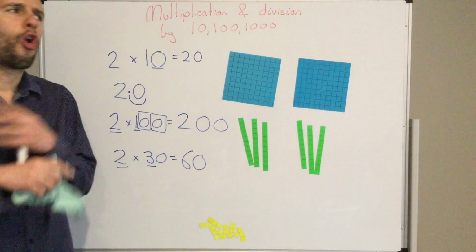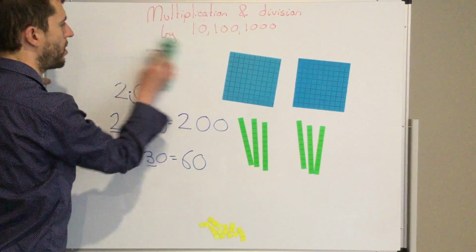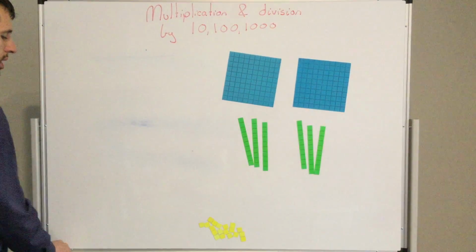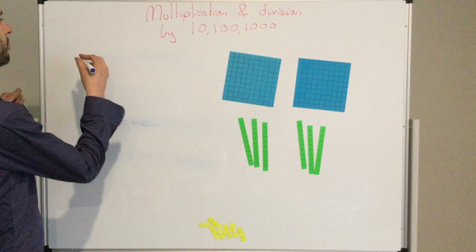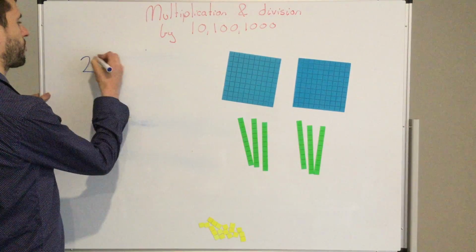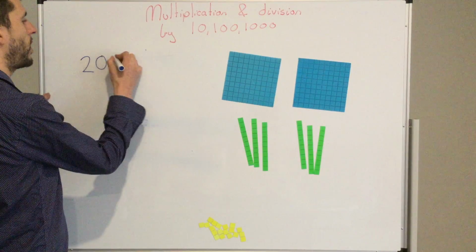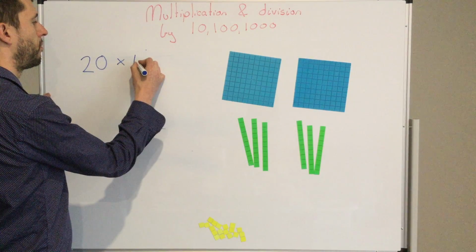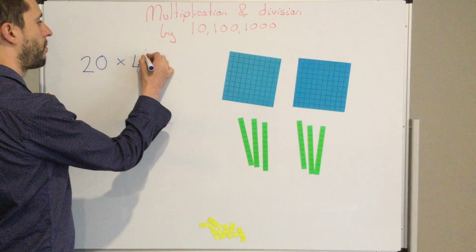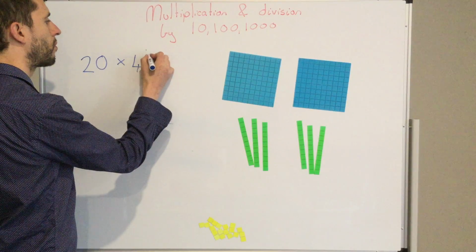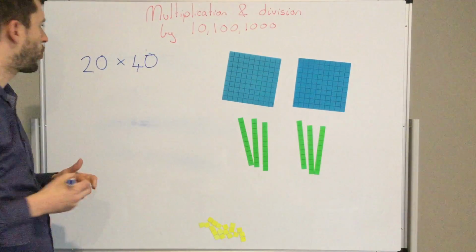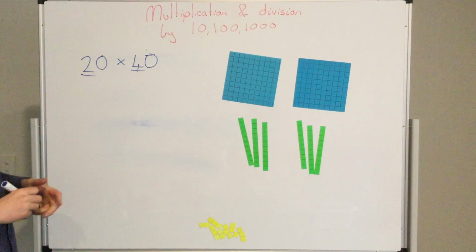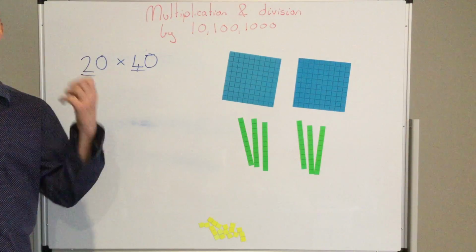That rule applies for all of my numbers, even the more complex equations. For example, even if I've got 20 times 40. I look at my first 2 numbers, my digits that are not 0.